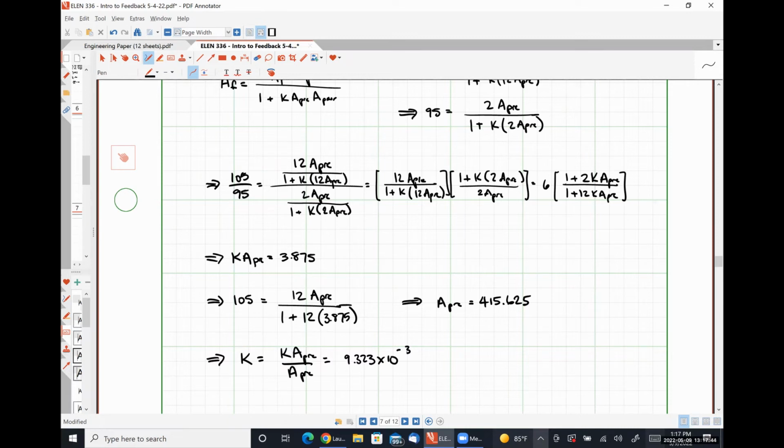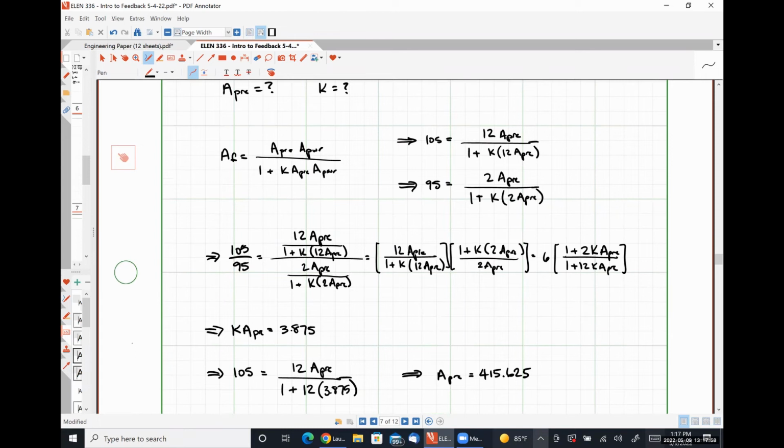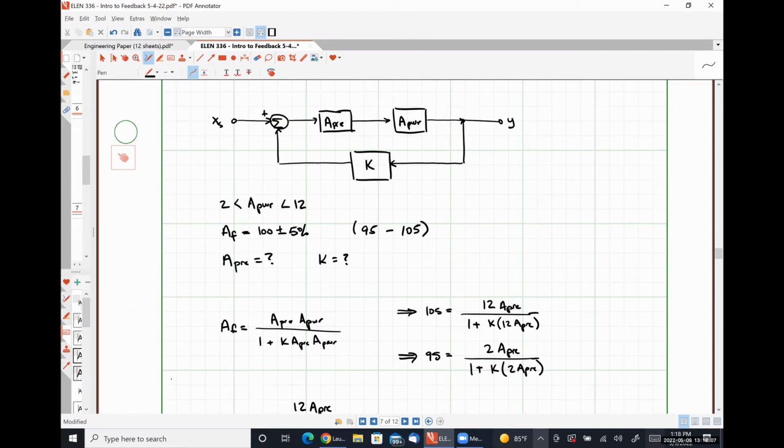Just to summarize what happened here, okay? We have a preamp gain and we have a power amp gain, so that we have a total system gain somewhere in the ballpark of 800 to 2400.